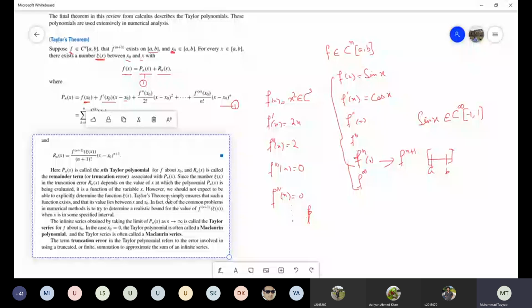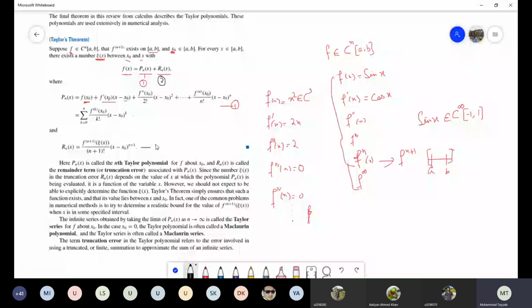Let me explain like this. Now go back to the definition where he was saying that the function f is n-time differentiable on the interval AB, that f^(n+1), which is the n plus 1 derivative of the function, exists on the interval AB.